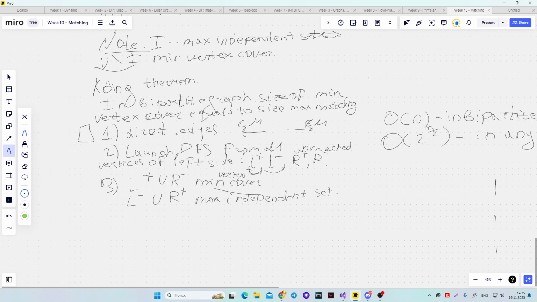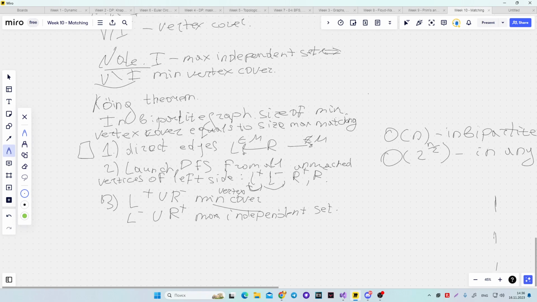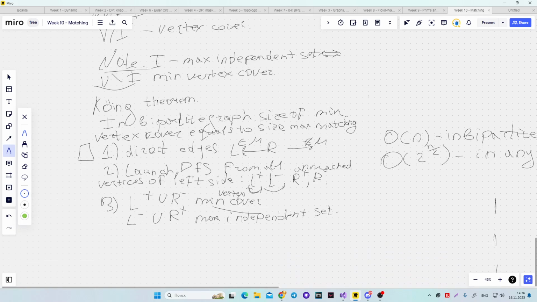We direct edges in this bipartite graph from R to L. We consider an undirected bipartite graph, and we just direct edges in such a way.